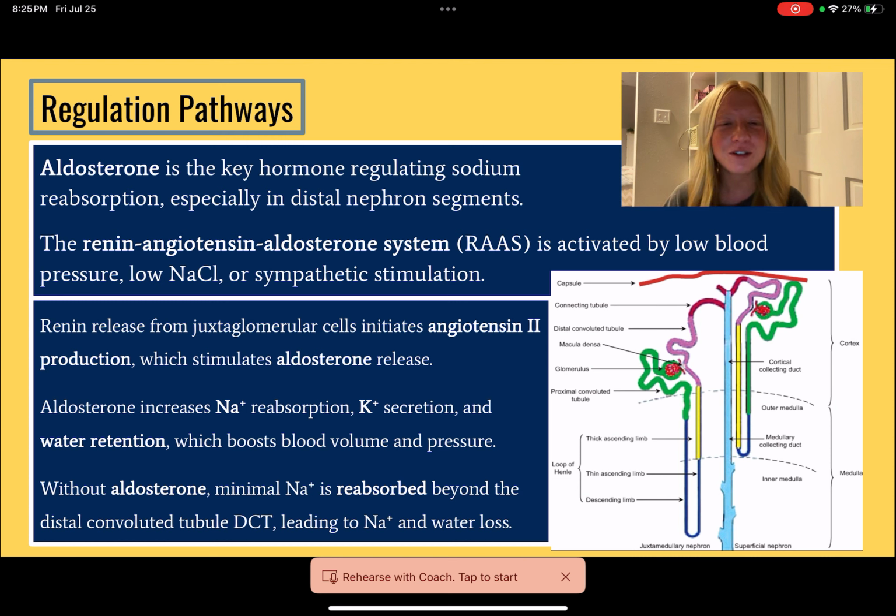Renin release from juxtaglomerular cells initiates angiotensin II production, which stimulates aldosterone release. Aldosterone increases sodium reabsorption, potassium secretion, and water retention, and this boosts the blood volume and pressure. Without it, minimal sodium is reabsorbed beyond the DCT, leading to sodium and water loss.